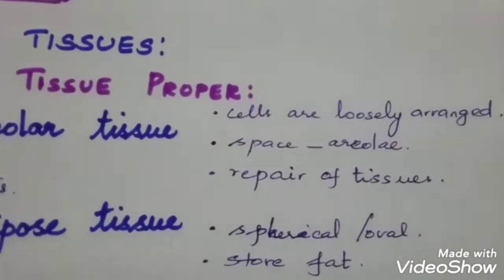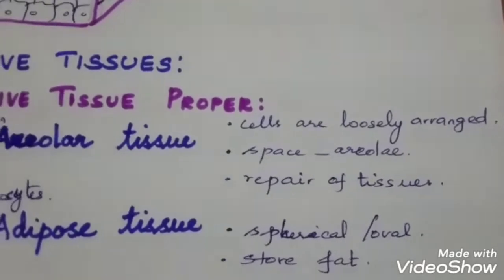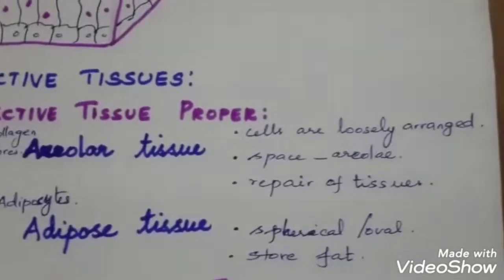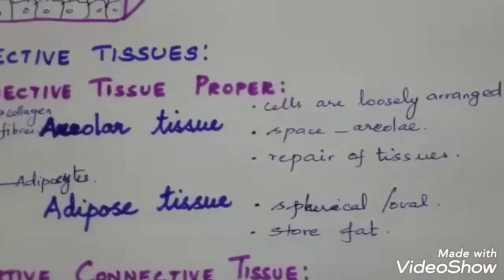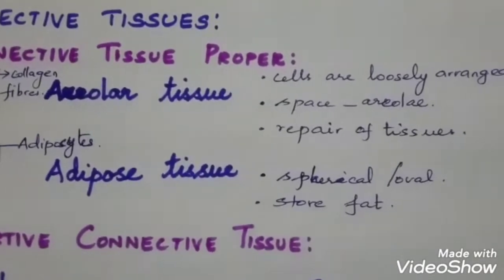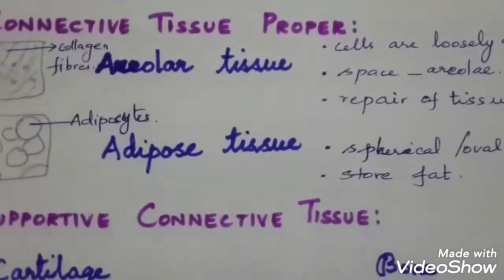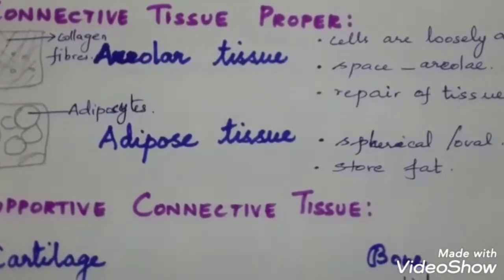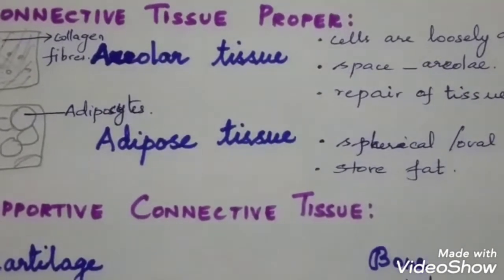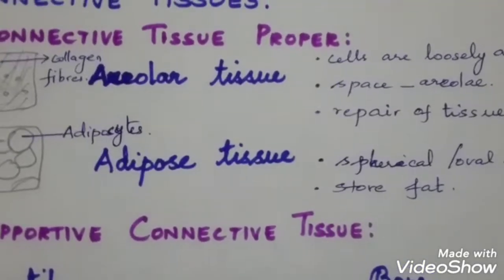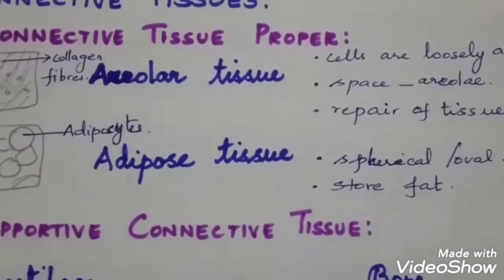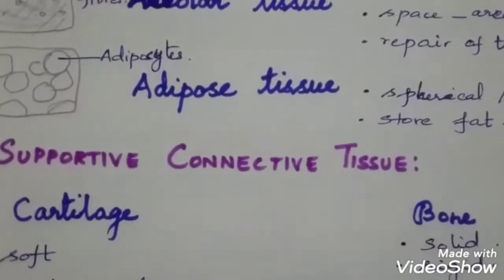These spaces are known as areolae. So these collagen fibers are loosely arranged. This areolar tissue functions in repair. And adipose tissue contains oval or spherical shaped cells. The function of adipose tissue is to store fat.